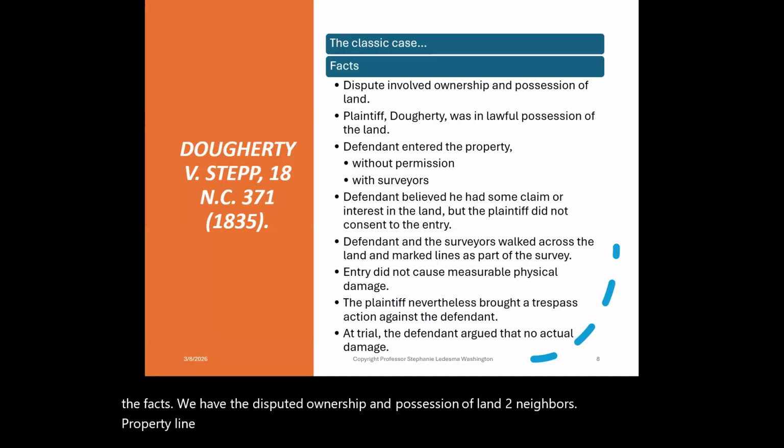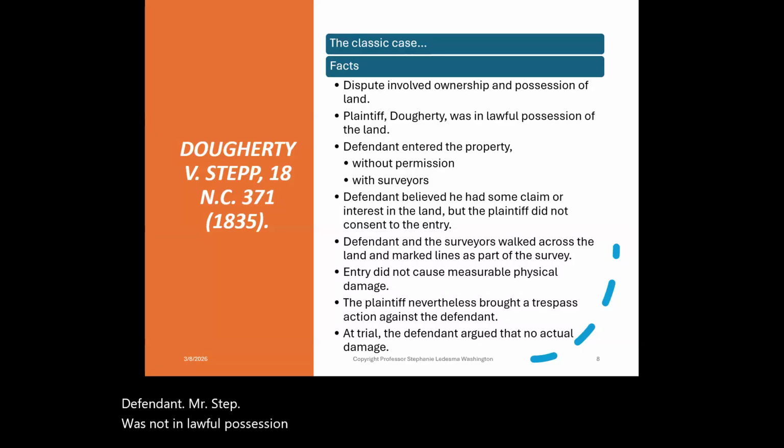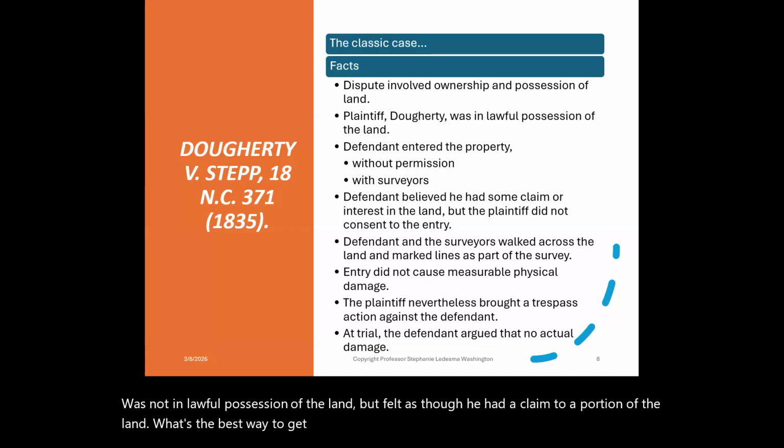Plaintiff, Mr. Doherty, was in lawful possession of the land. Defendant, Mr. Stepp, was not in lawful possession of the land, but felt as though he had a claim to a portion of the land. Well, what's the best way to get that resolved? Get some surveyors out there and let's survey the property.